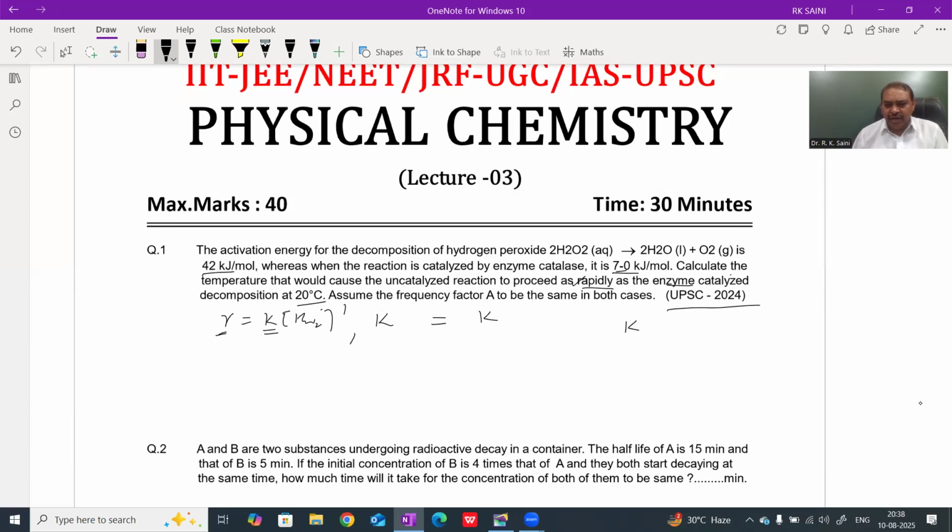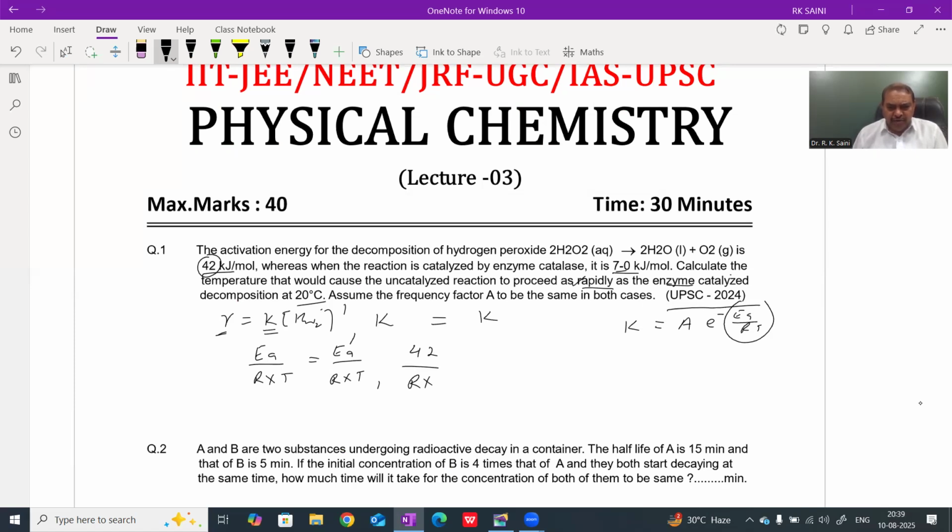And we know that the Arrhenius constant K is A e to the power minus EA upon RT. It means EA upon RT is equal. Putting the values, EA in absence of catalyst upon R into T, and EA in presence of catalyst upon R into T. The given value of EA in absence of catalyst is 42 kilojoule.